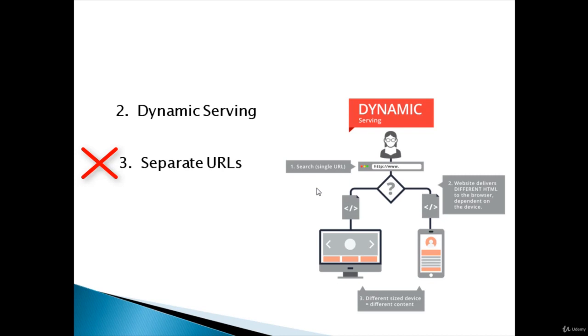The other important problem it has is that users cannot share the website correctly. How is it possible? Suppose that you've got your cell phone on Facebook, and you share a URL which has been designed only for cell phone displays with some friends of yours.